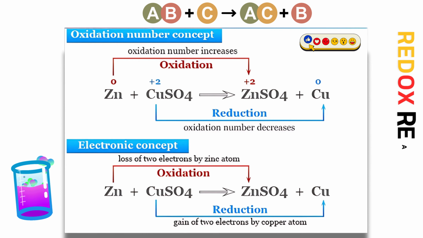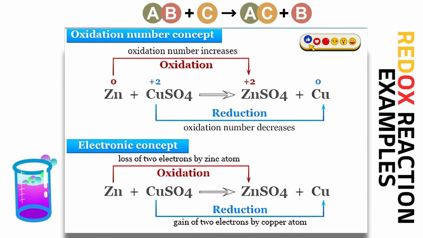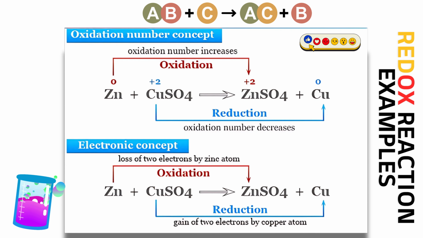The reaction between zinc, Zn, and copper(II) sulfate, CuSO4, is a classic example of a single displacement or redox reaction, wherein zinc, possessing a higher standard reduction potential than copper, displaces copper ions from the solution.